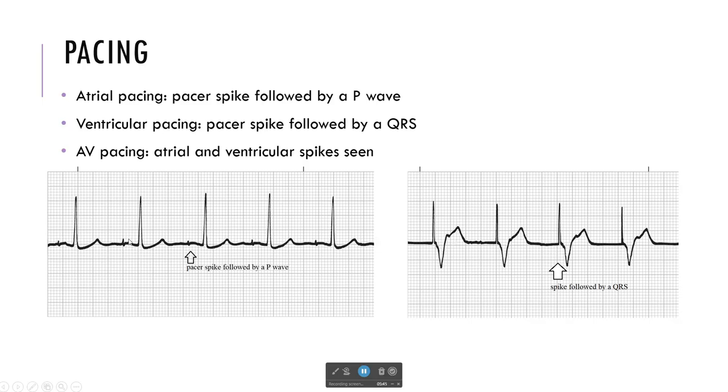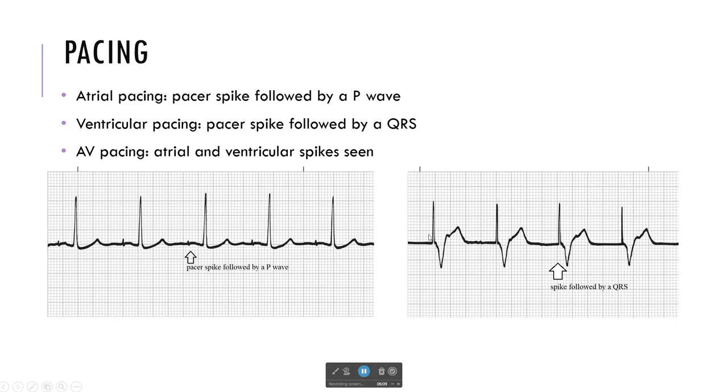The way pacemakers work is an X amount of milliseconds go by, and if my SA node doesn't fire, then that pacer will spike, shock the heart, give it a predetermined number of milliamps, and then I expect to see depolarization, the waveform. So this is atrial. I see a P wave.